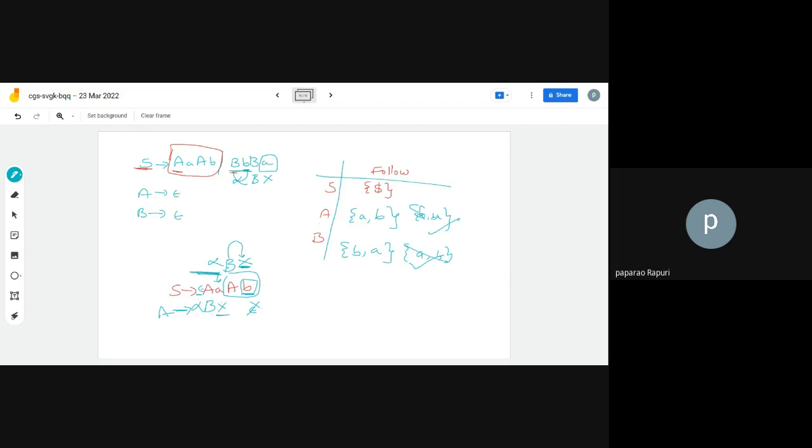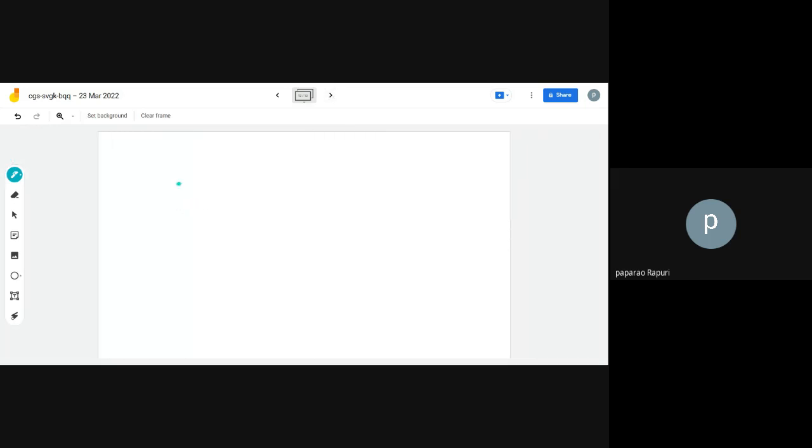We'll take one more example. S is deriving capital A, capital C, capital B, or capital C, small b, or capital B, small a.